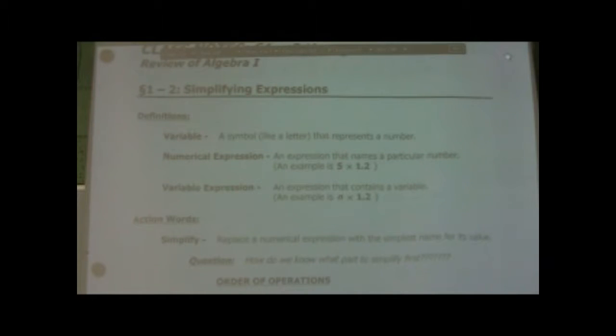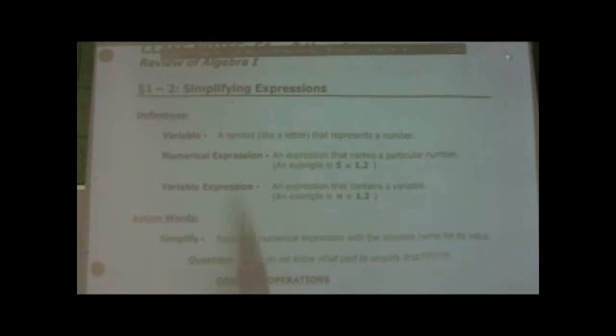A numerical expression is an expression that names a particular number. So in other words, it has all numbers in it, no variables, and when you have a numerical expression, you can simplify the whole thing down to one number. We're going to be working on doing that today, taking large expressions and simplifying them down into one number.